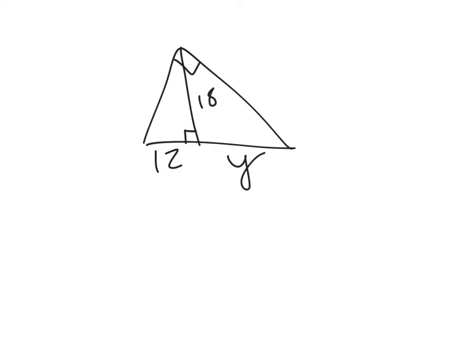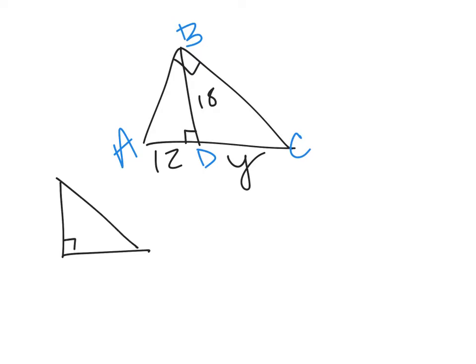So I'm going to give this letters, and I'm going to use good old A, B, C, and D. If I draw a triangle the way I like to look at them, this way, the right angle's B, and I'm going to put A here and C here.